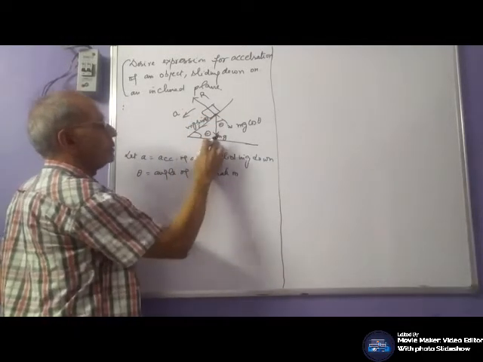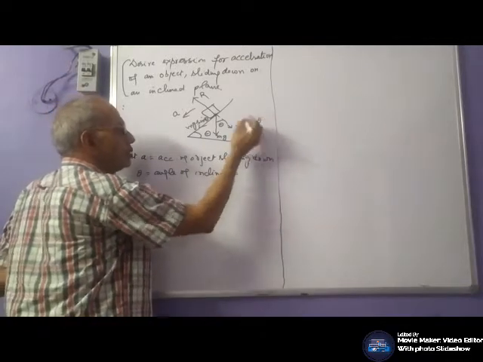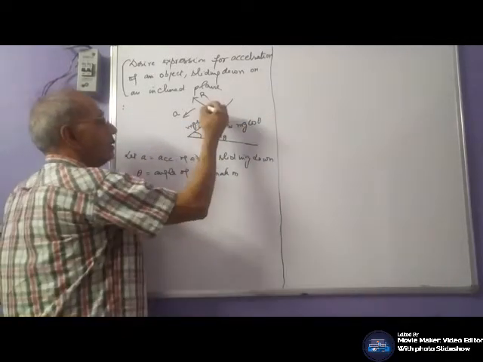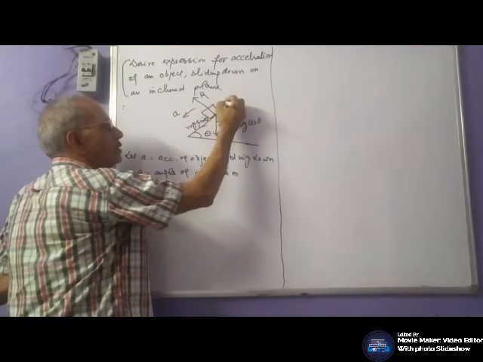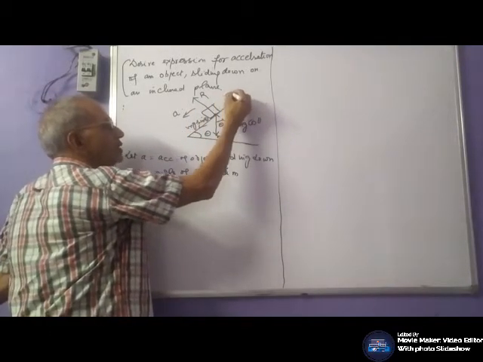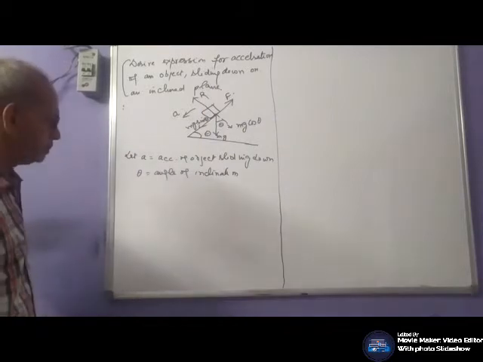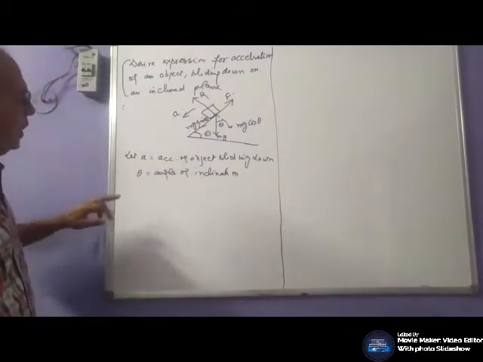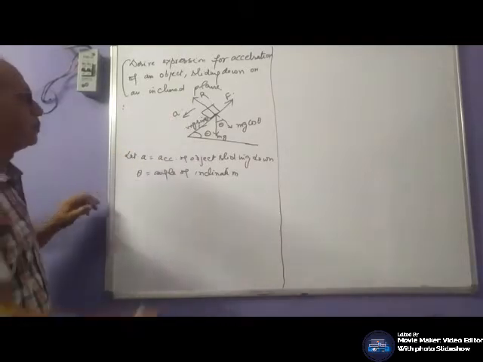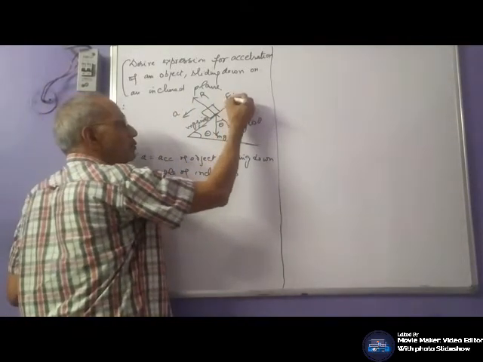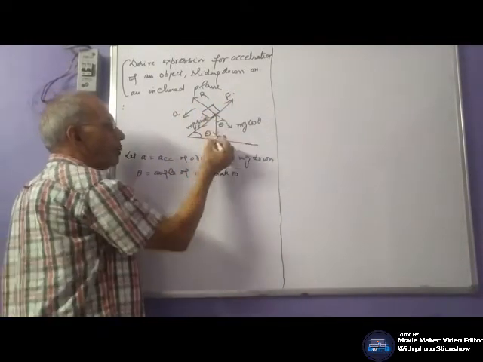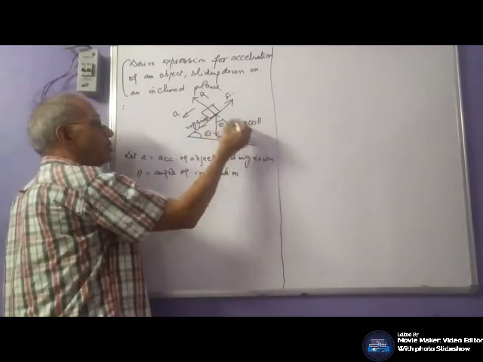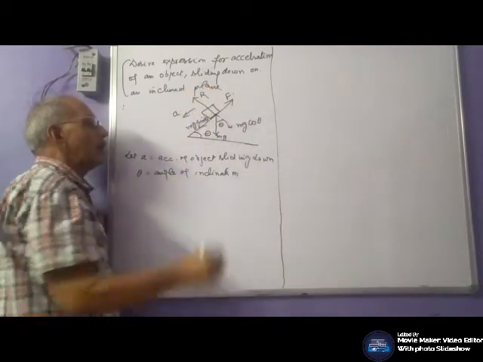Resolve mg towards theta, it will be mg cos theta, perpendicular it will be mg sin theta. It is sliding down, then this will be direction of force of friction. Again, a is acceleration. If it is moving down, this is force of friction, weight perpendicular to ground. It is resolved as mg cos theta, and this is normal reaction.